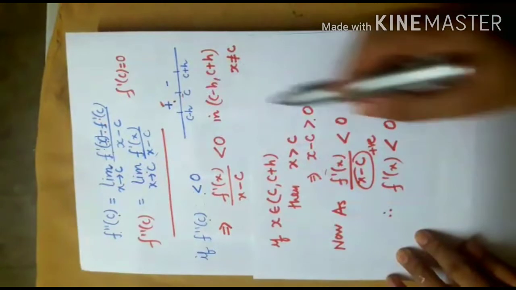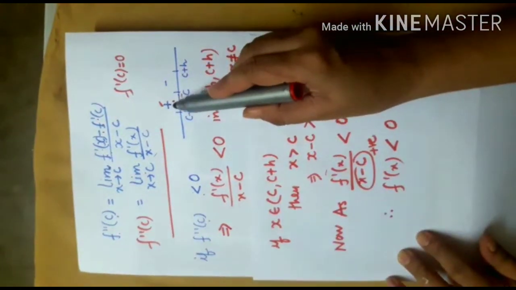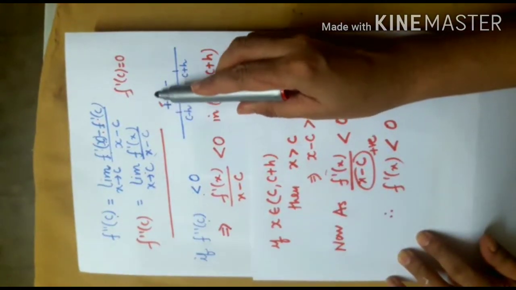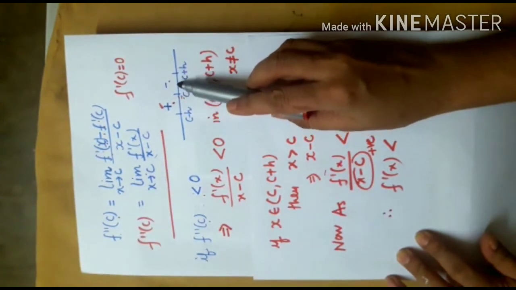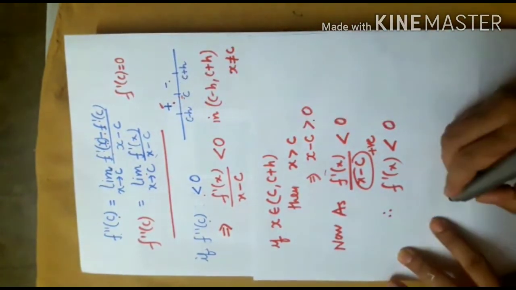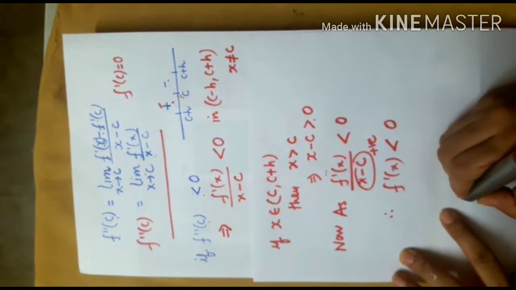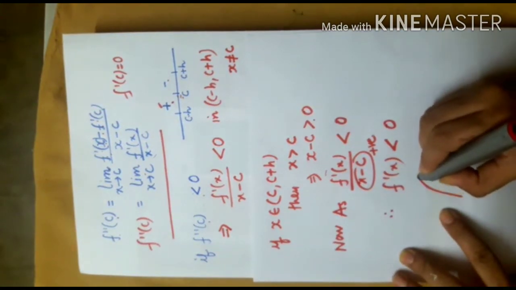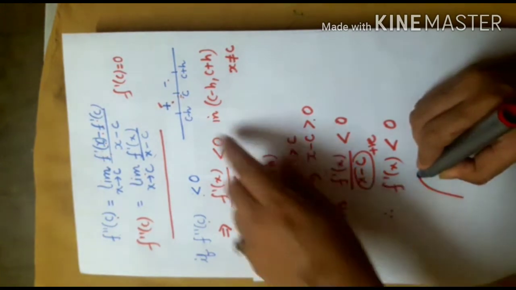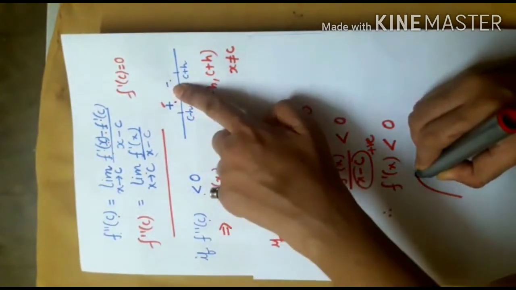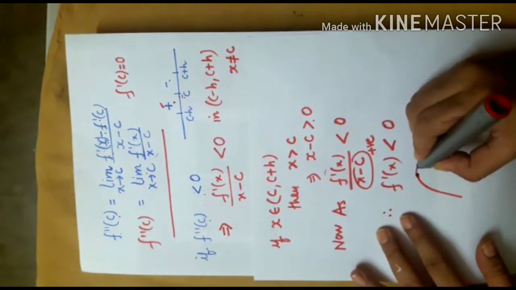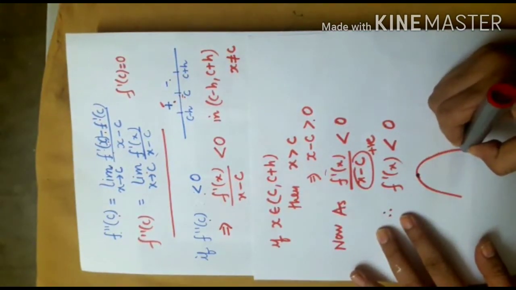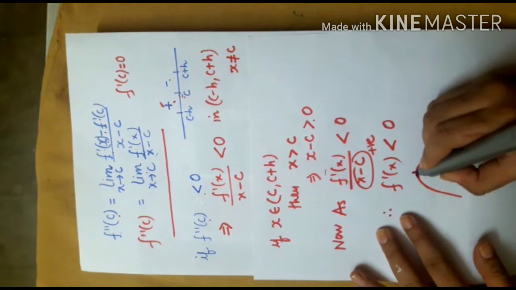Now look here. The derivative changes its sign from positive to negative as x increases through c. The derivative sign is positive, so the function will increase. Then the derivative changes its sign to negative, so the function will start decreasing. So a hill will be formed.